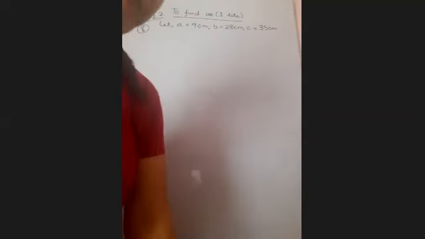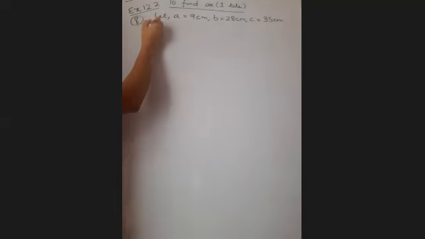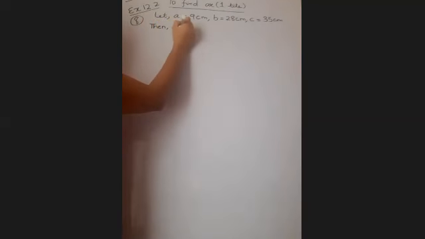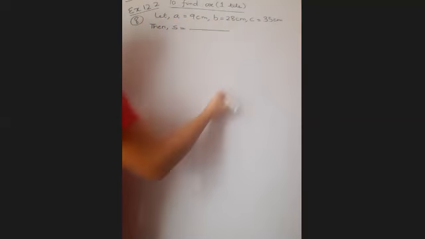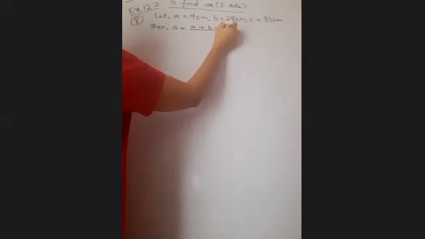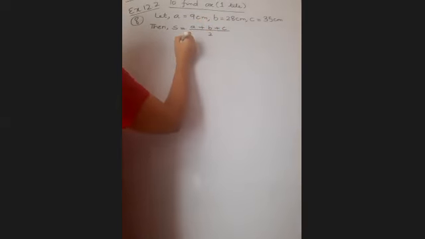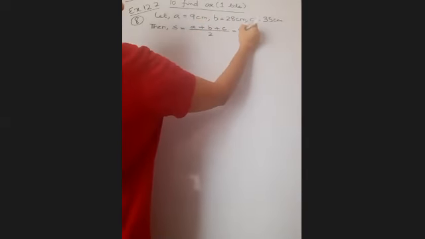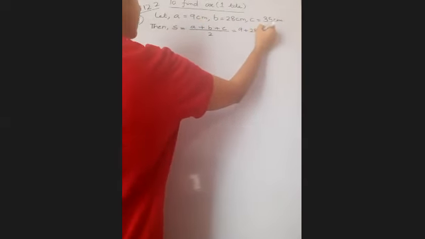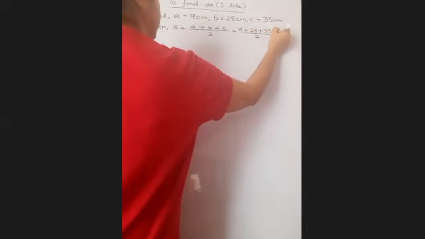Semi-perimeter s is a plus b plus c by 2, which is 9 plus 28 plus 35 upon 2 centimeter.